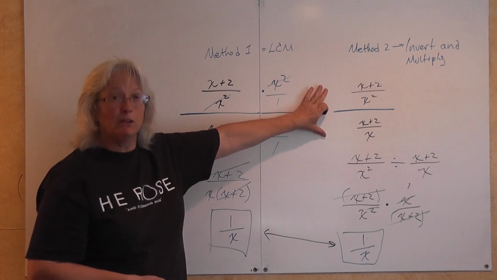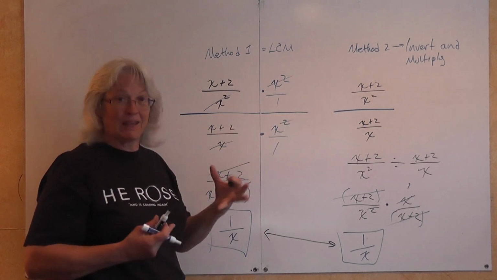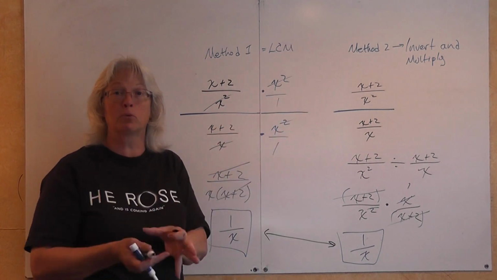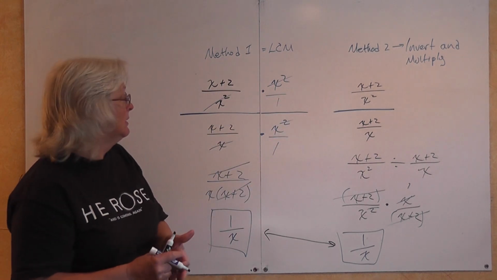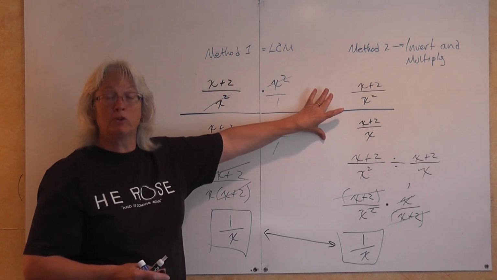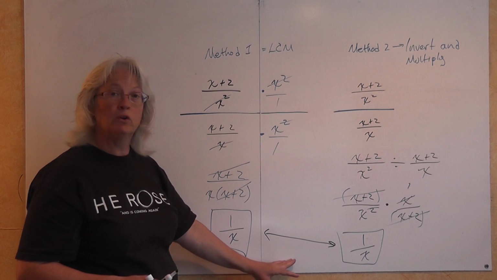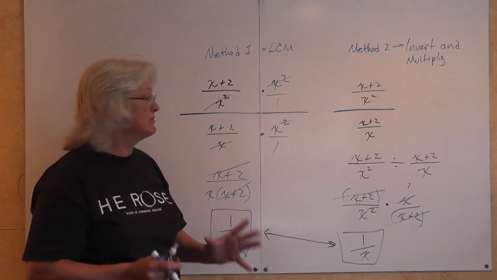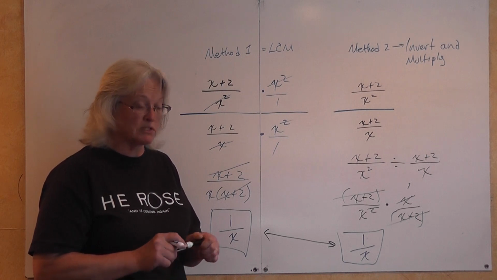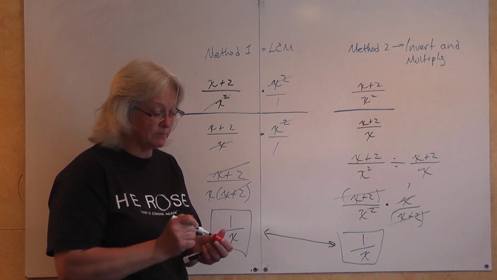So you see, it looks weird and it can look intimidating, but if you just simply apply the principles that you know how to do, multiplying by common denominator, inverting and multiplying, you can solve these problems, but you've got to be careful not to get all caught up or lost in this work that's going on.